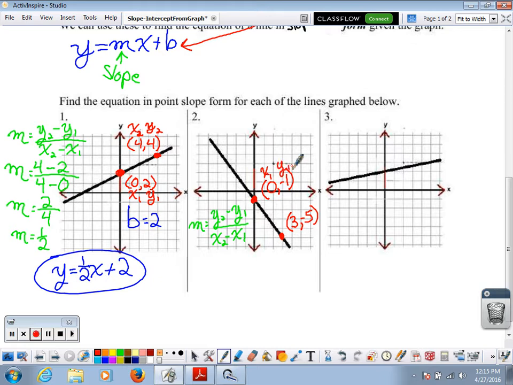Good. x1, y1. And Callie, how about 3, -5? Good. x2 and y2. All right, Willow, can you take those and sub them in here?